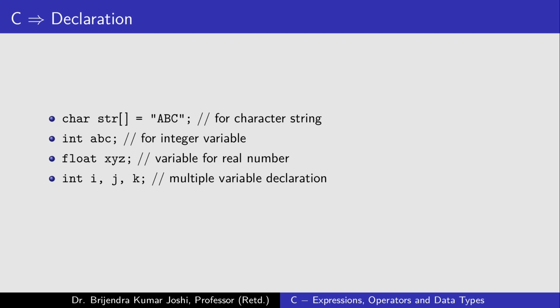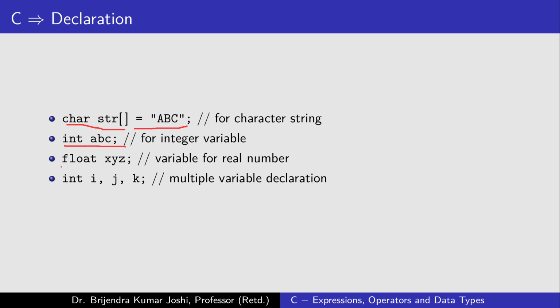Now declaration. The sample declarations are given here. Char str, opening bracket, closing bracket, assignment operator, within double quotes, capital A, B, C, semicolon. So this is one of the examples of declaring a character string constant. Int ABC, semicolon. So here it declares ABC as an integer variable.